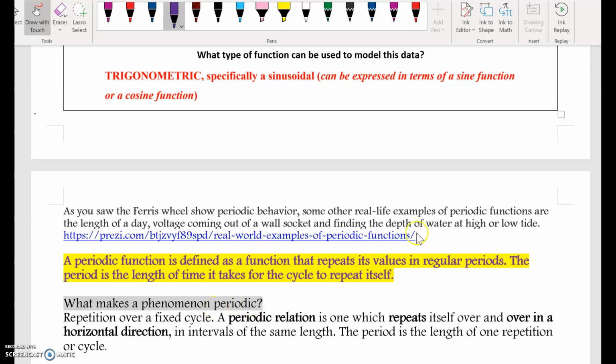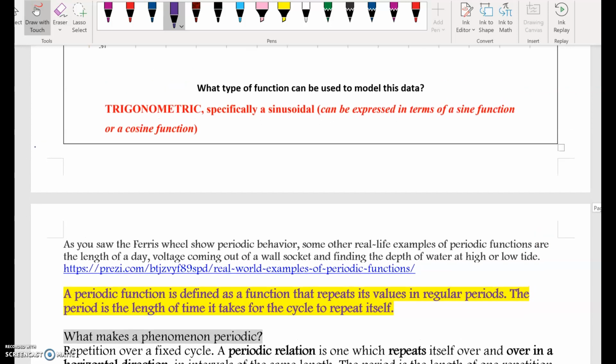There are a lot of different examples in real life that show a periodic behavior: the length of the day, the depth of the water from a high tide to a low tide, the temperature within a year of a country. All of these show a periodic behavior. Now, this Ferris wheel showed a periodic behavior. So how will we figure out the period?